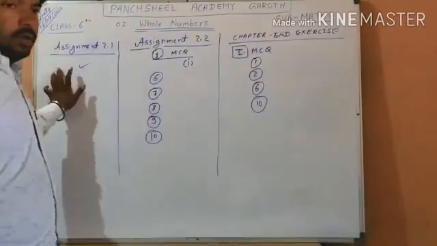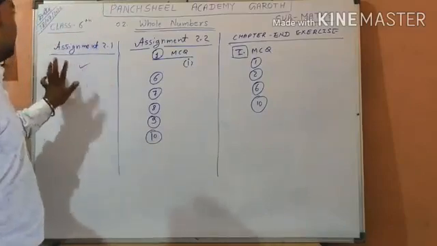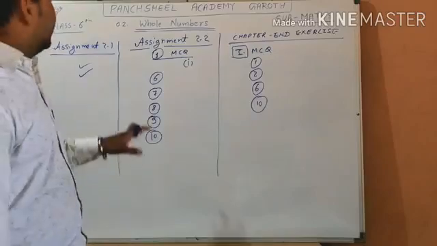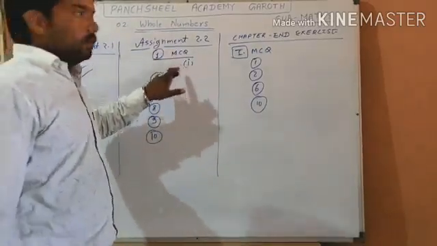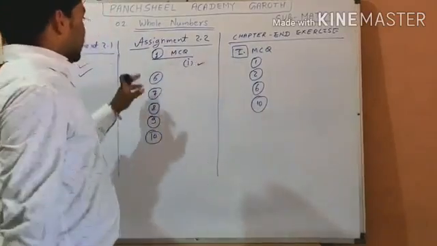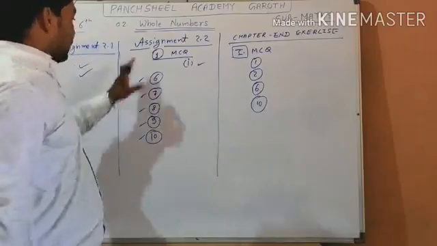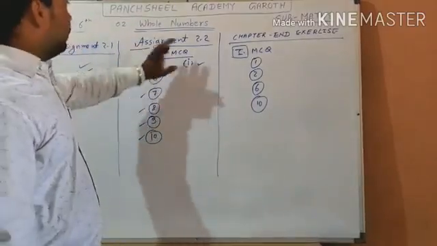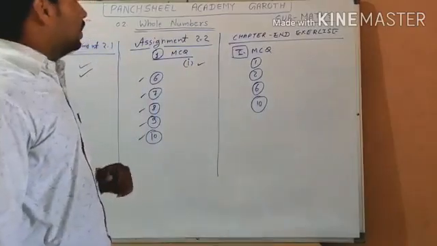So in your fair work, in your notebook, you have to complete assignment 2.1 from your book, okay? And assignment 2.2, first MCQ question, first question you have to solve. After that, sixth question, 7, 8, 9 and 10. Okay, this 5 plus 1, 6 questions in assignment 2.2. Full assignment 2.1 you have to do in your fair work.